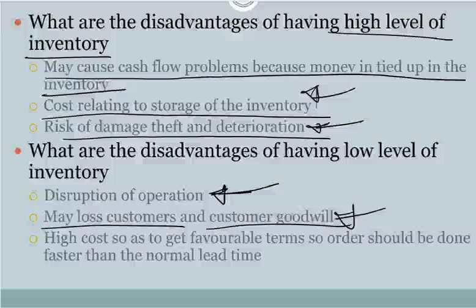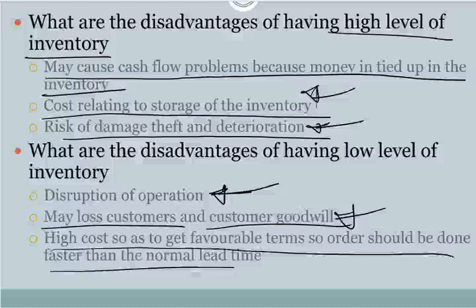The other thing is high cost to get favorable terms, so orders should be done faster than the normal lead time. So what we're saying is we run out of inventory, and we are trying to negotiate with a supplier to compromise, right, so that we can have favorable terms. If his delivery time was 10 days, we're asking him, please, can you not just give us today? Please, just cut us in line. So the guy is telling us, for us to do that, you have to pay more.